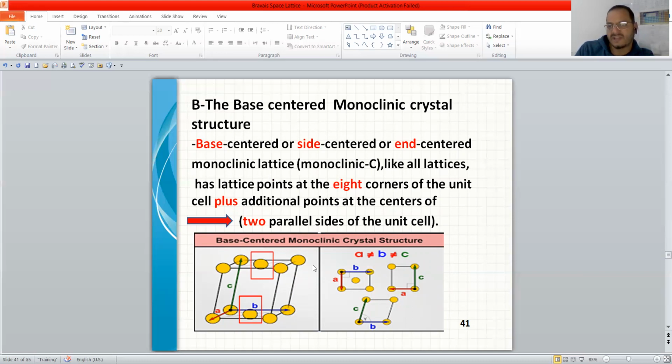And like I said, alpha and gamma equal each other, but the last one, beta, doesn't equal 90 degrees, like we saw here, because C is not perpendicular to B and A.